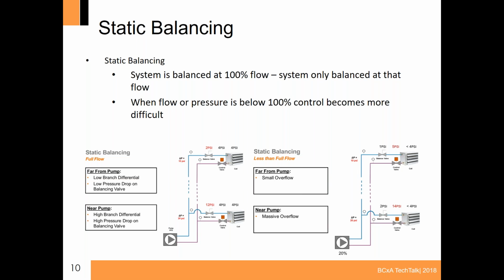The problem is in the systems where we're doing variable flow, when we drop off that flow, now we're going to end up over pumping typically closer to the pump, and then towards the end of the loop, because we're backing off on that pump and we're reducing the amount of system pressure differential, we're going to end up starving the coils that are at the end of the loop.